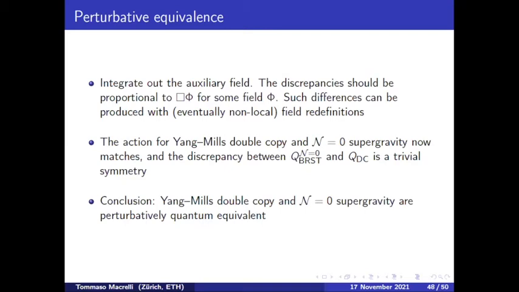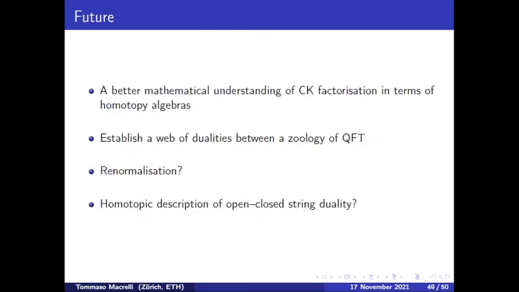And the discrepancy is at most a trivial symmetry. And so in the end, we have shown that at least perturbatively, Yang-Mills double copy and n equals 0 supergravity describe the same theory.